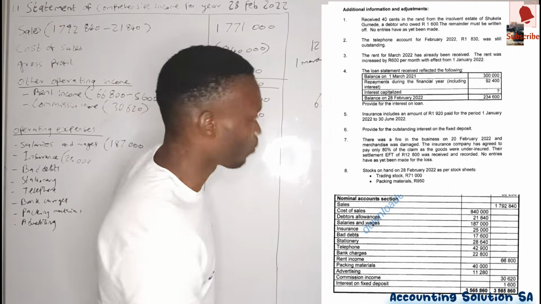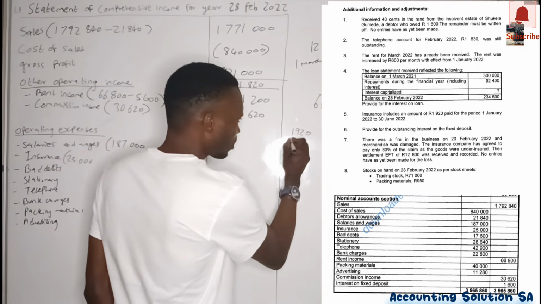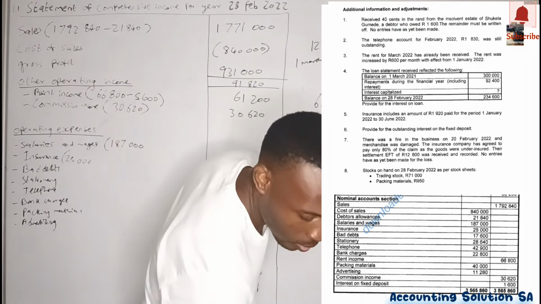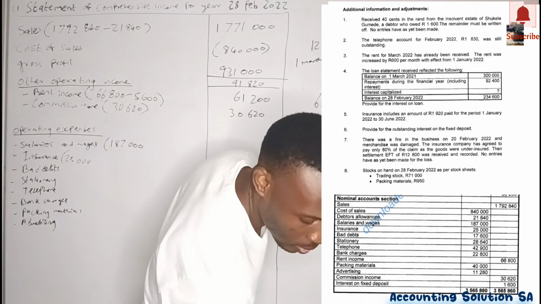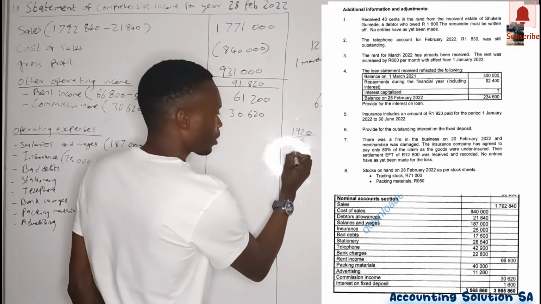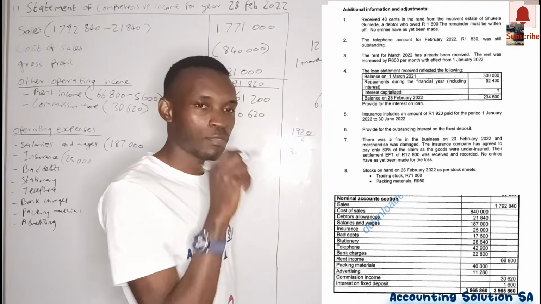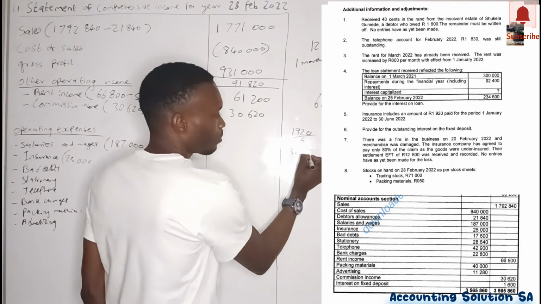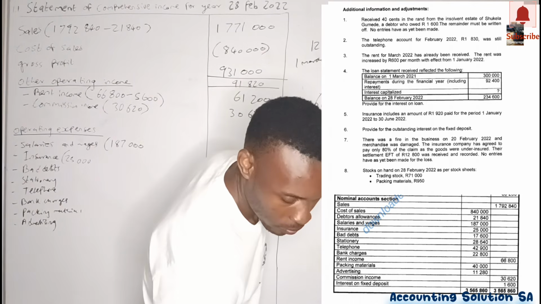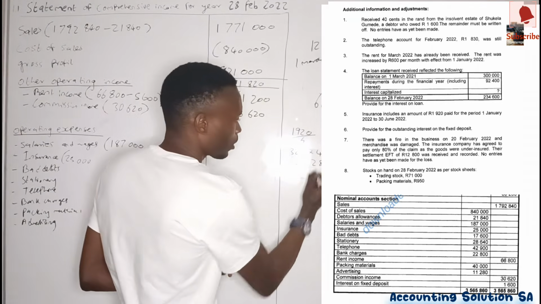This is what we have to do. The amount of 1,920, we have to divide it by 6 and see how much was it per month. It was 320. Now because we have to subtract for those 4 months, we just multiply by 4 and we get the amount of 1,280.